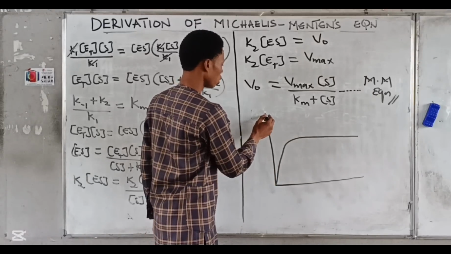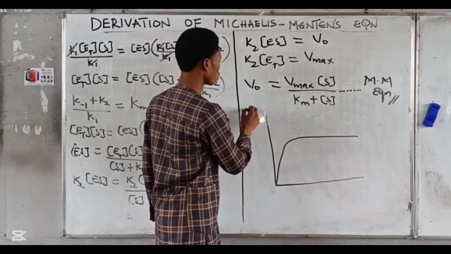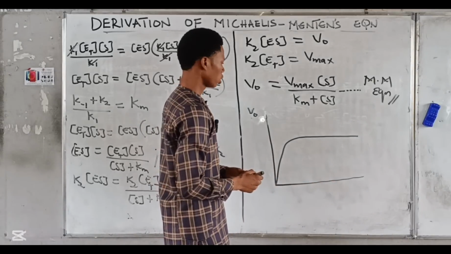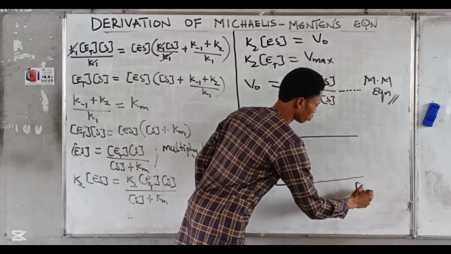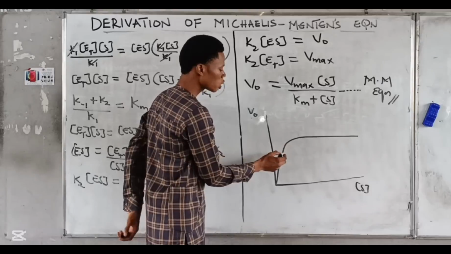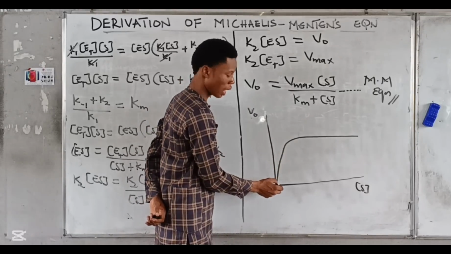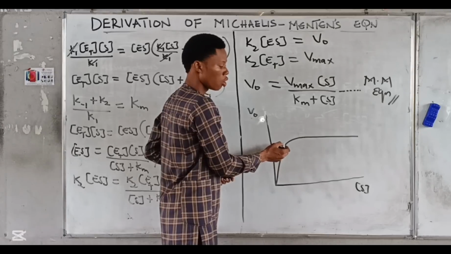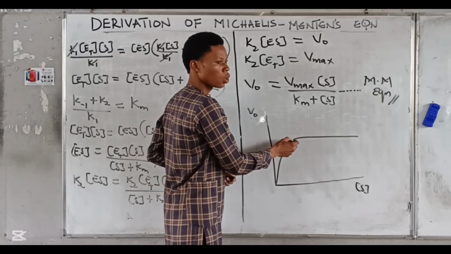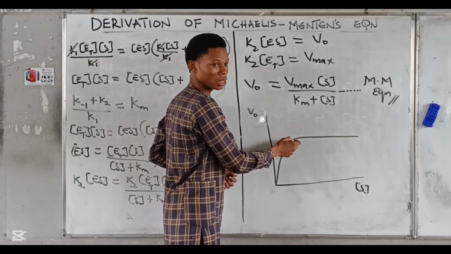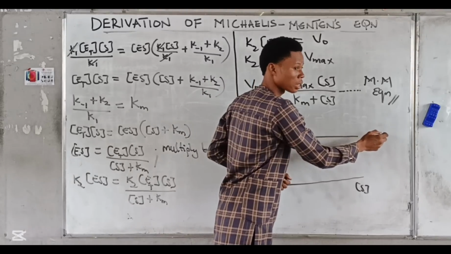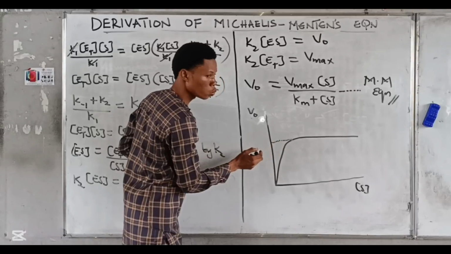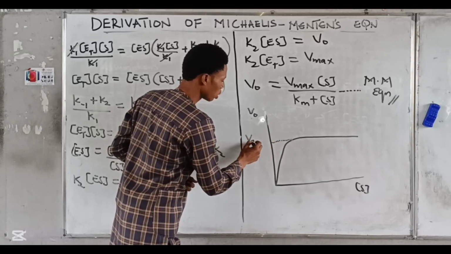Let's say this is velocity, then here I'll be plotting substrate concentration. As the substrate concentration is increasing, the rate of the reaction will be increasing until we get to a point when the enzyme active site is saturated. So the reaction proceeds at a steady rate. This point where we have the highest peak or plateau is called Vmax, maximum velocity.